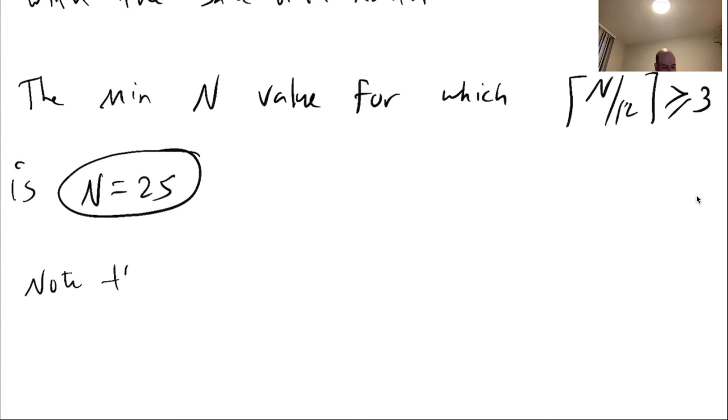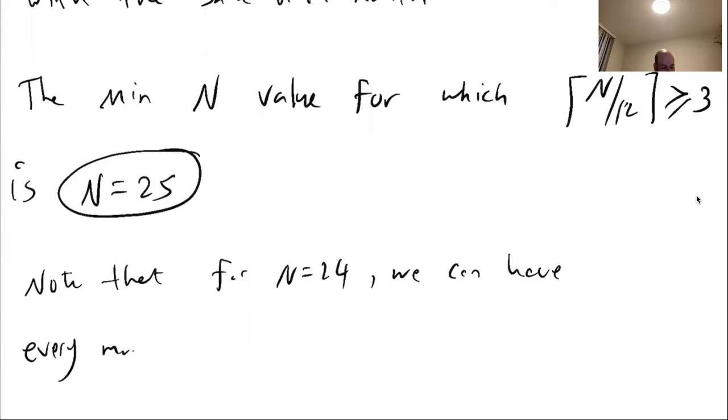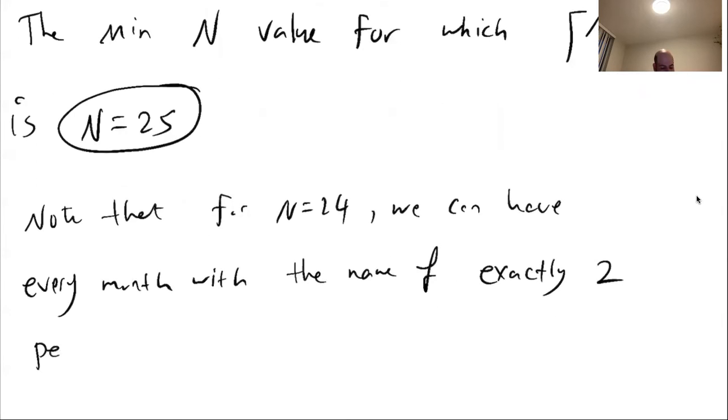And note that for n equals 24, we can have every month with exactly 2 people on it.